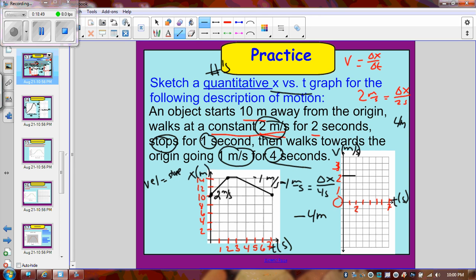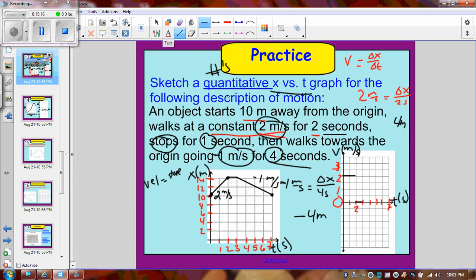Next, we're told the object stops for 1 second. Well, that means for the next 1 second, the object is going at a constant 0 meters per second. So I'm going to put a flat line right here. Finally, we are told that the object then walks towards the origin going 1 meter per second. And we know in reality that's a negative 1 meter per second because the object is going towards the origin.